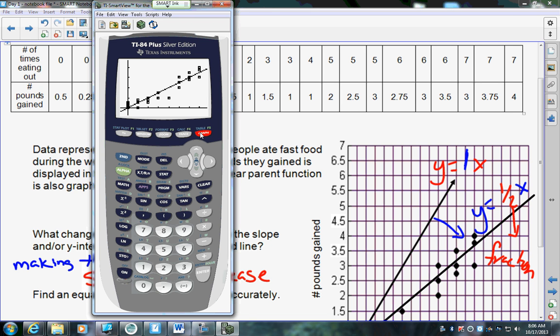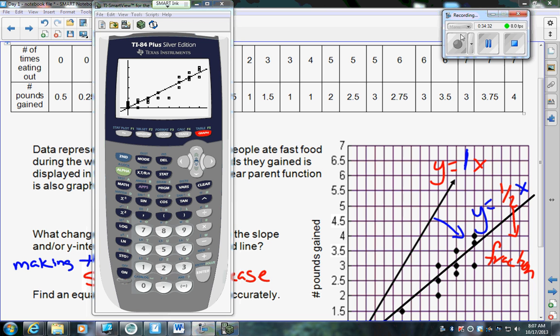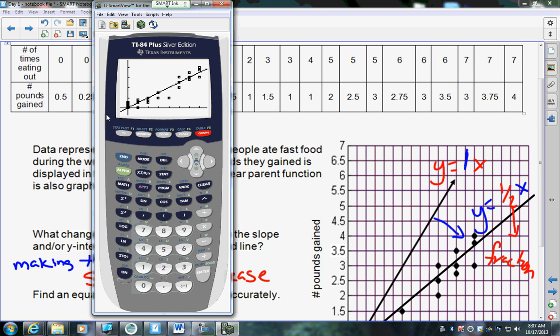Dang, that was a good guess. For the most part, it goes through the middle of all your points, so you're good to go as long as you have a good estimate. As long as your trend line goes through the middle of all the points, then you're okay.